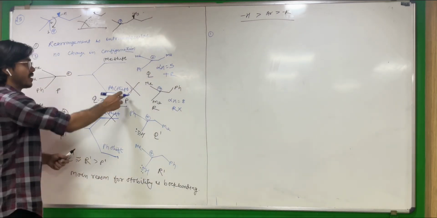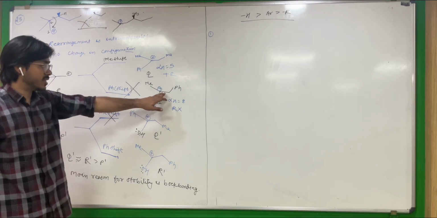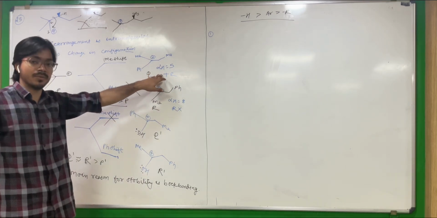This is wrong, and here this is wrong, because in this case it is not stabilized by back bonding. So we have to see the most stable carbocation.